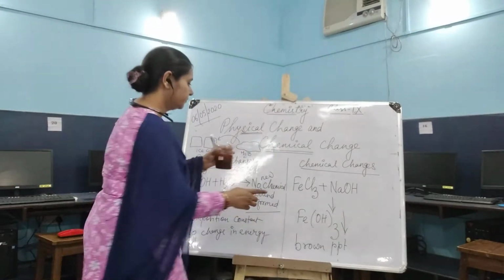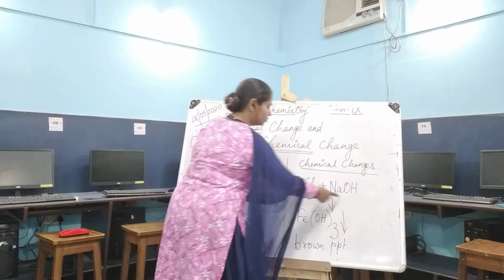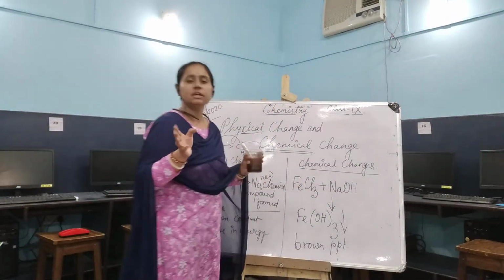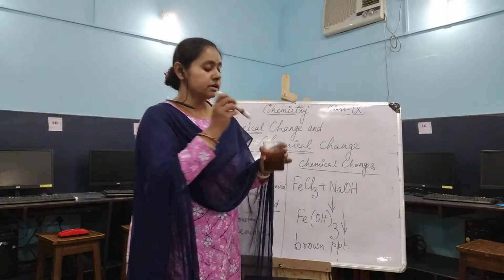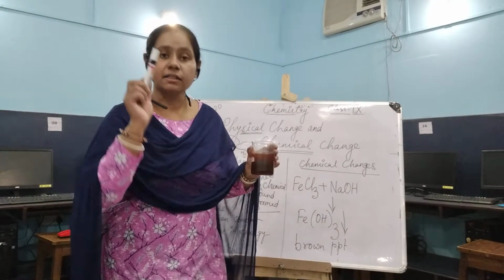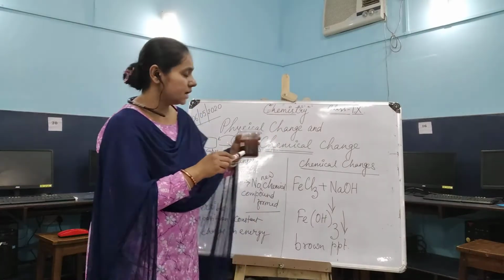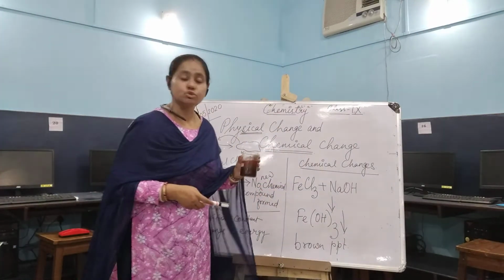Now this is a completely new substance. I don't have ferric chloride in any part of the reaction. That means a new substance has been formed over here, and that is why this reaction is called a chemical change.